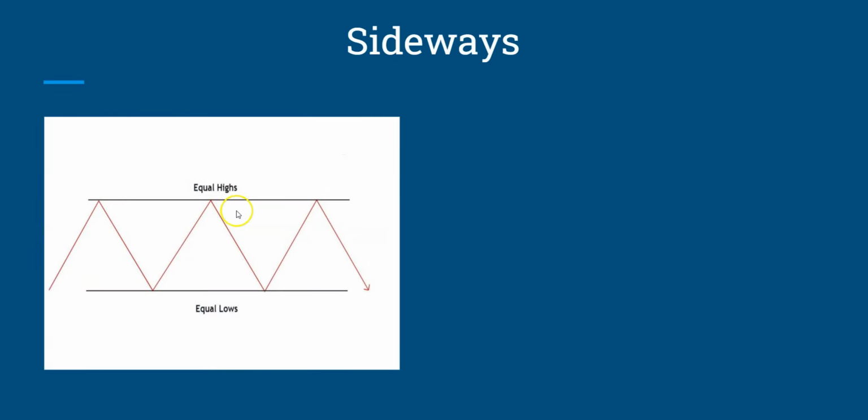So a chart moving sideways, you hear a lot of people call it consolidation, because orders are being consolidated, or accumulated, or even distributed.